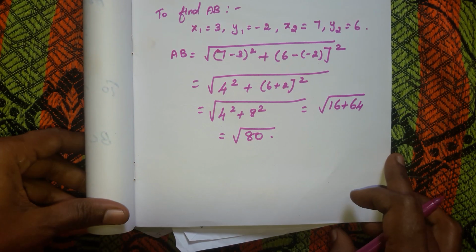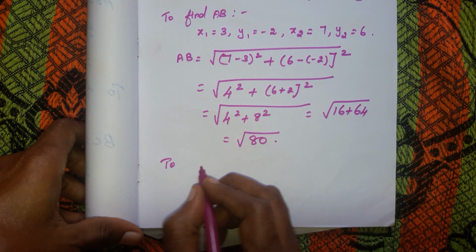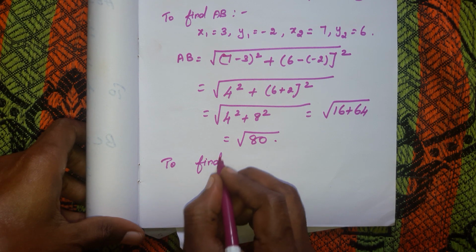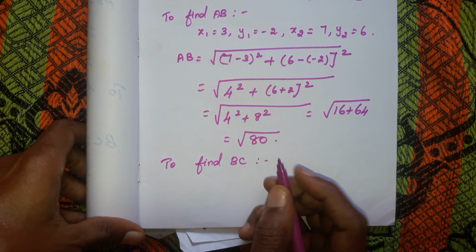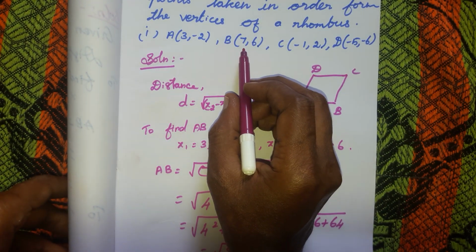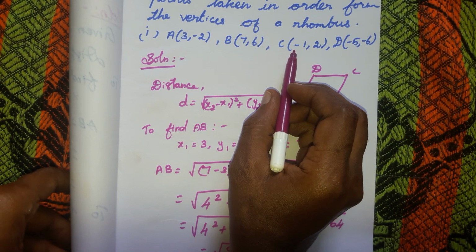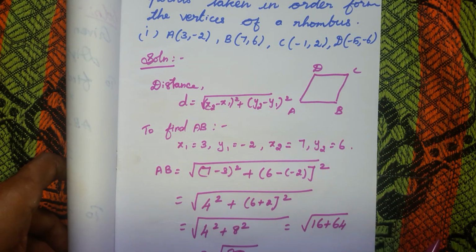Then to find BC. Here x1 is equal to 7, y1 is equal to 6, x2 is equal to minus 1, y2 is equal to 2.